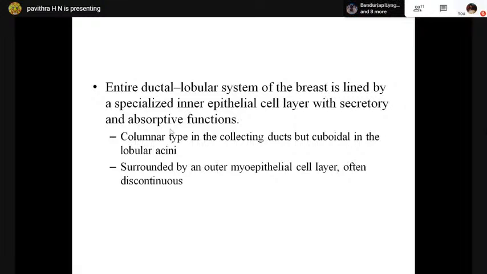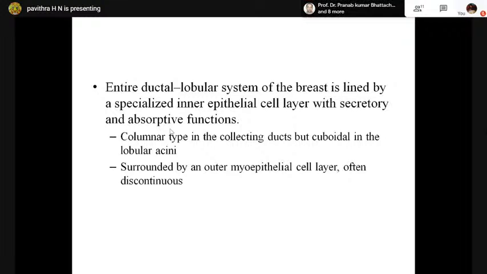The outer myoepithelial layer is discontinuous, and the inner one is the epithelial layer, which is composed of either cuboidal or columnar cells. They are cuboidal in the lobular acini and columnar in the collecting ducts.